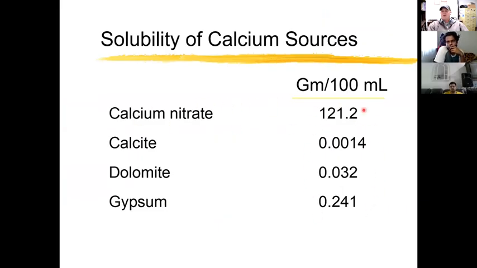That's what these numbers over here are, the solubility factor on them. But gypsum is much, much cheaper. It's way more soluble than dolomite or calcite. And so this is the product of choice. This also comes with a little bit of sulfate, which is an element that you guys know plants can use. So gypsum's probably the way to go.